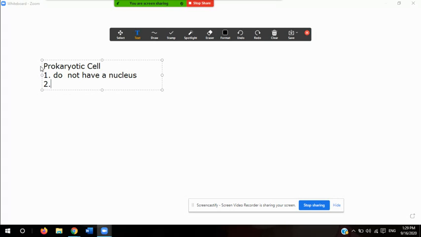Number two is the cell's DNA is suspended in the cytoplasm.